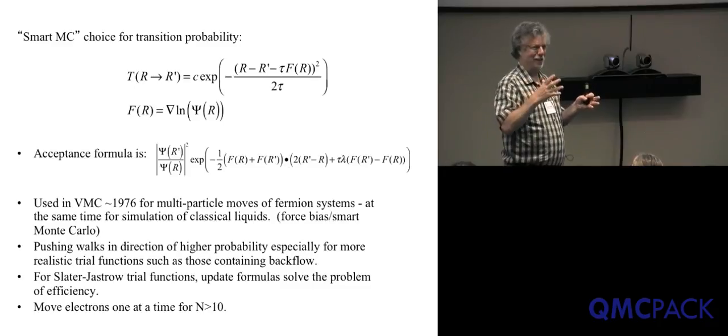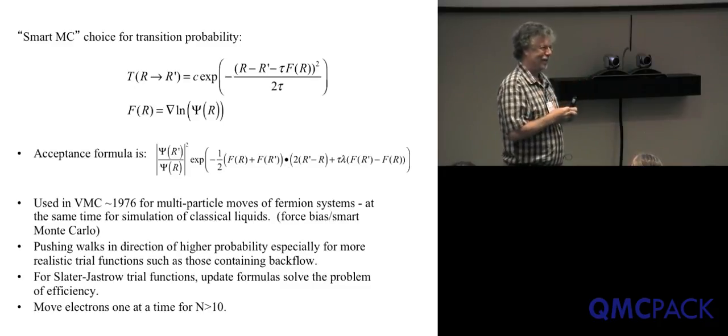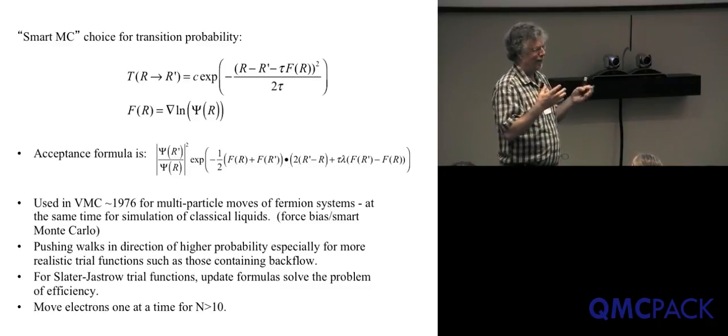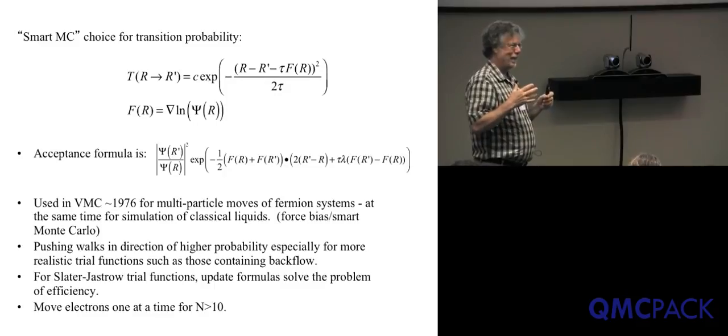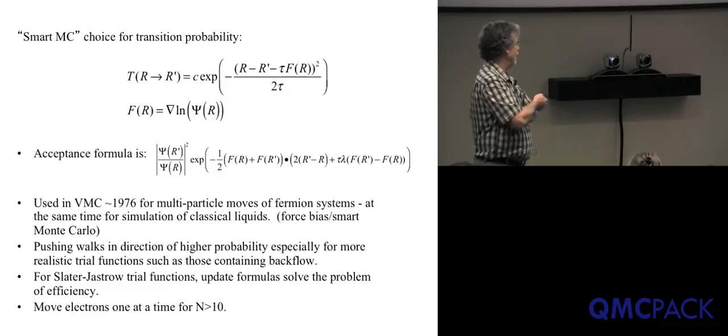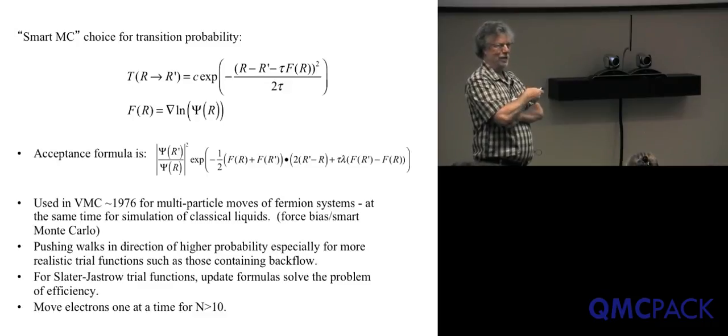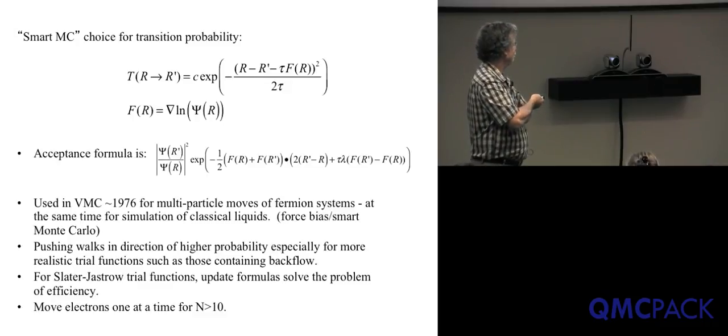But if you have 1,000 students, the chance that one of the 1,000 students gets into big trouble is almost certain, right? So it's the same with the electrons. It's better to move them one at a time and accept or take care of them one at a time because each one only takes 1/n of the work of moving all of them. So it's faster to do it that way. It's more efficient. So generally, it's around 10 electrons that is a crossover of the efficiency.